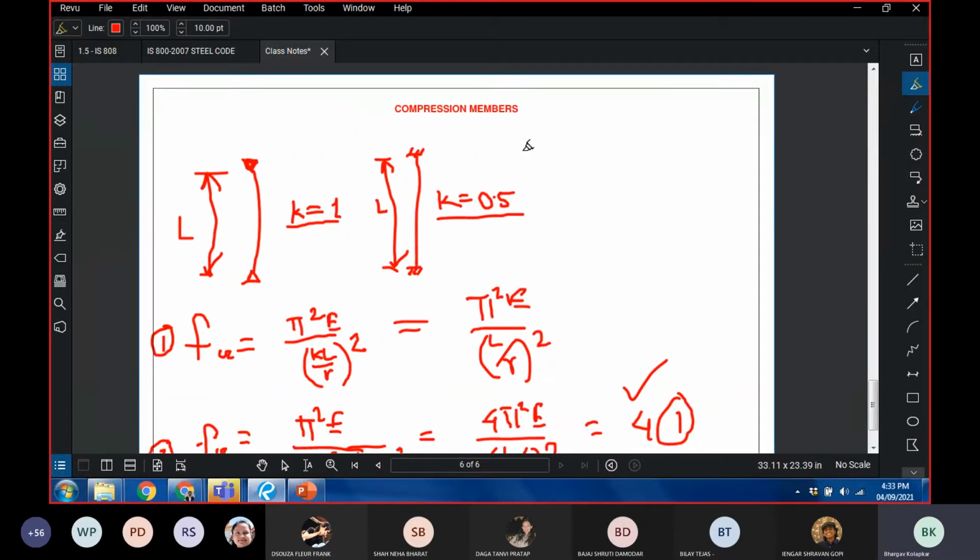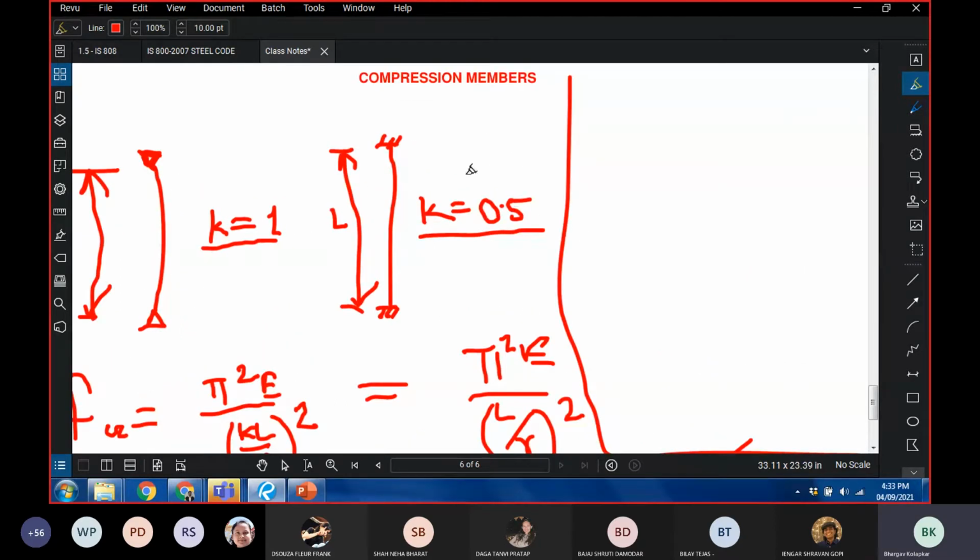Another way of understanding the 0.5. So what does this 0.5 mean?